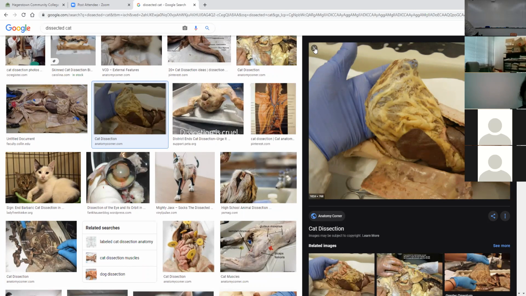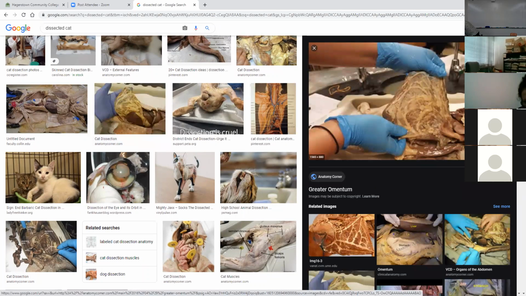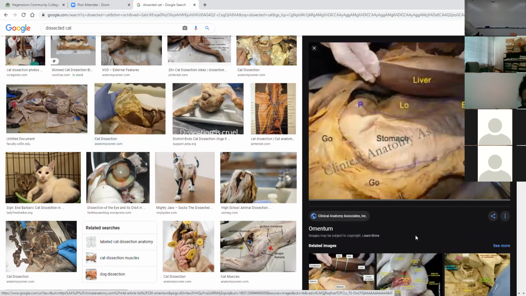Although they can have a big greater omentum too. Oh yeah, that's greater omentum. And here's the stomach of the cat and so on and so forth.